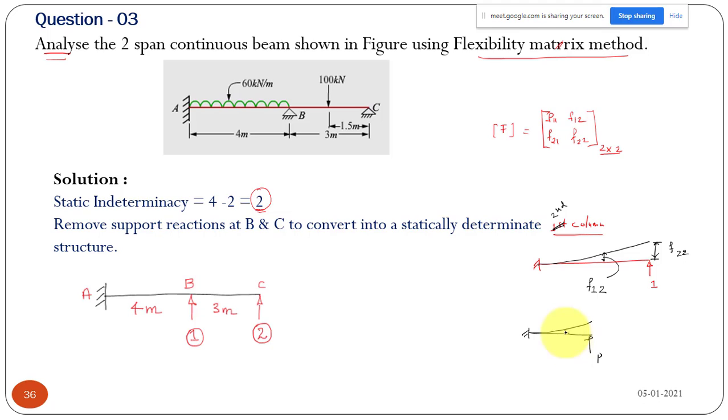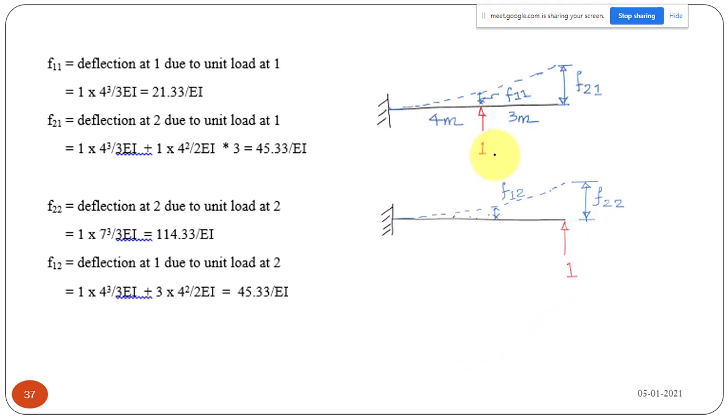It is a simple problem. You can use any method, such as the shortcut method or the load shifting method, which we already discussed in strength of material. You can shift this load, add an equal and opposite force, and you will have a moment and a force, and then you can find the deflection at that point. That is your second column: F22 and F12.